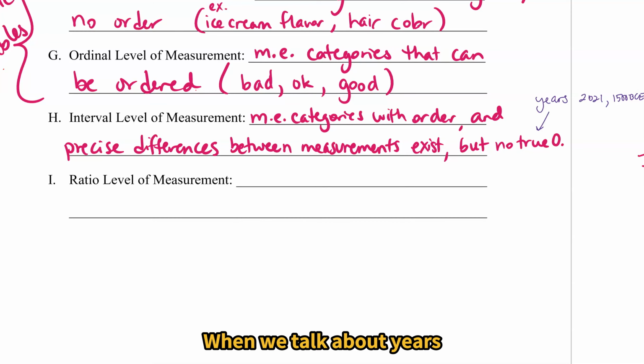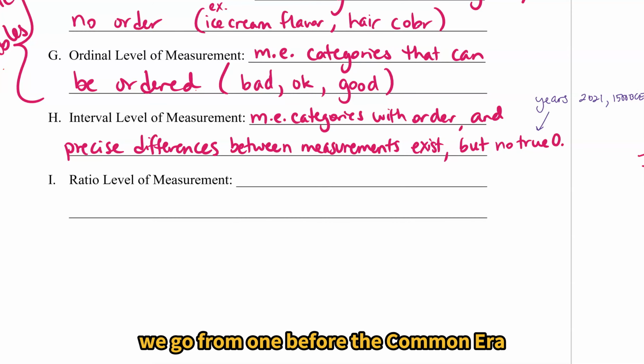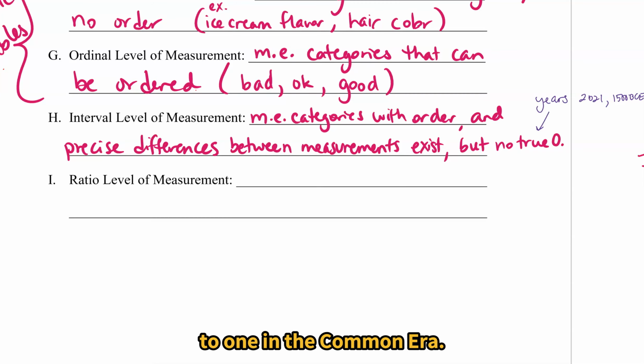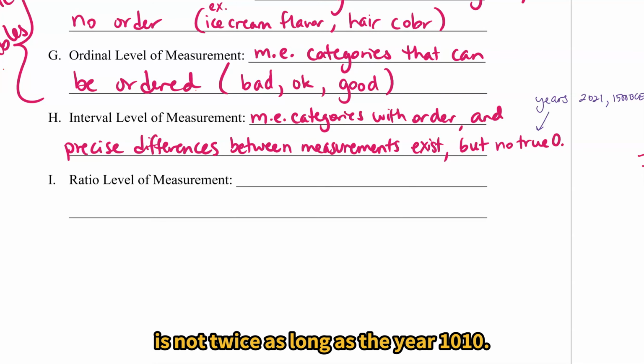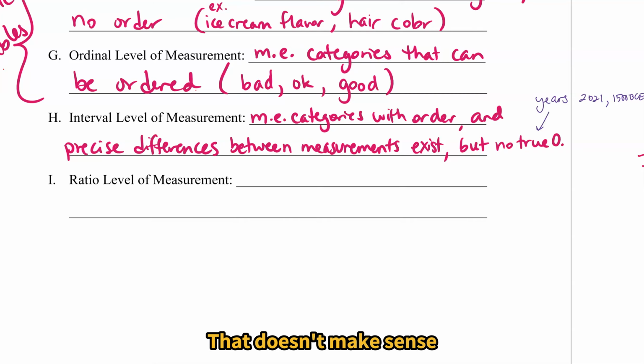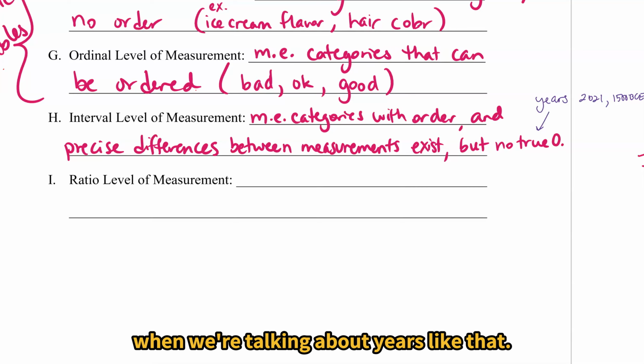When we talk about years, we go from 1 before the Common Era to 1 in the Common Era. There's no year zero. This is an example of no true zero. Another thing that we can say is the year 2020 is not twice as long as the year 1010. That doesn't make sense when we're talking about years like that.